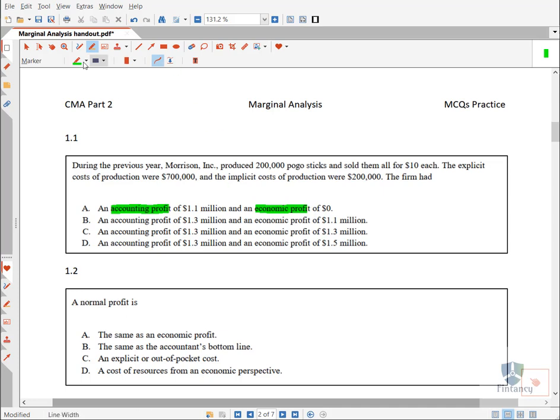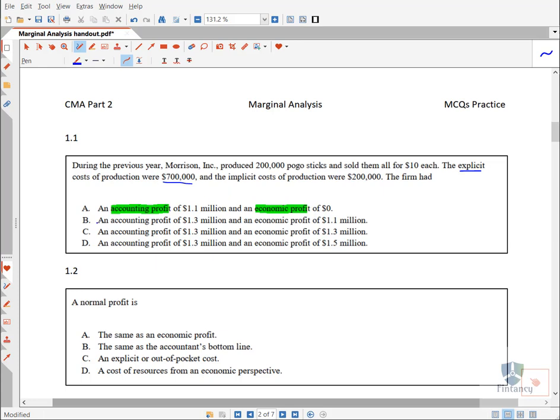Very simple, my friends. The accounting profit will be the sales minus explicit costs. How much is my sales? $10 times 200,000, which is totaling 2 million. From 2 million, if you deduct this cost of production, which is your explicit cost, you can reach 1.3 million.